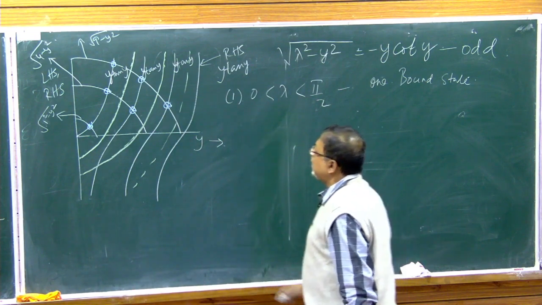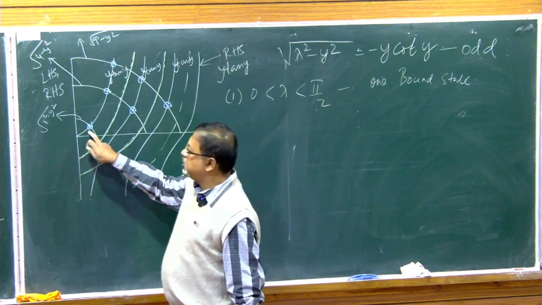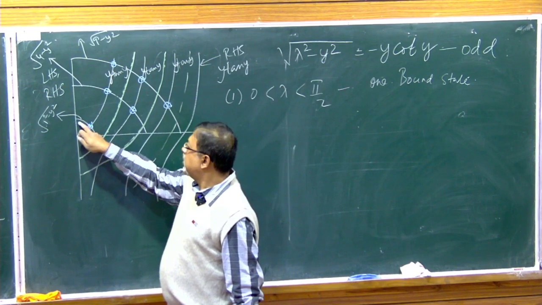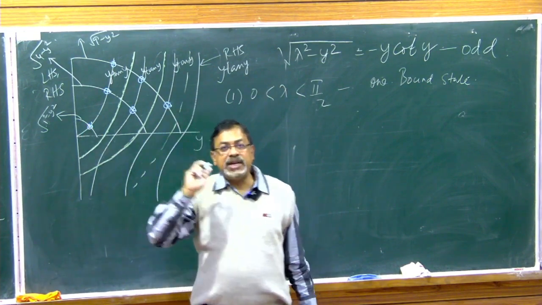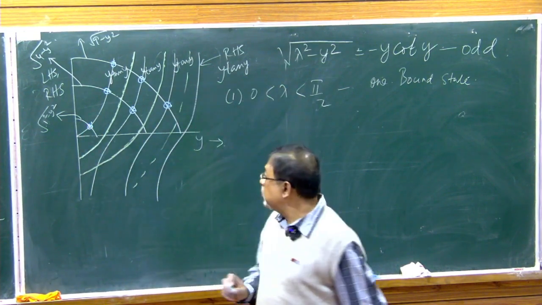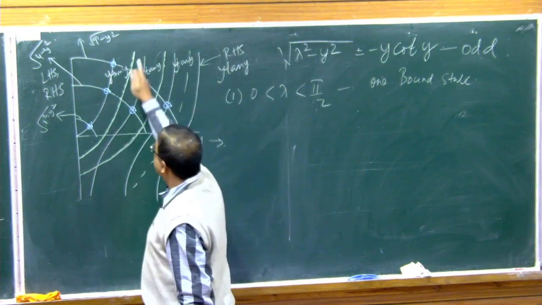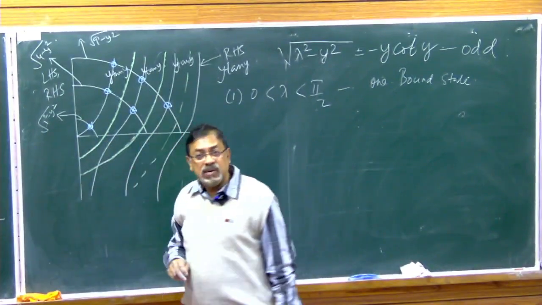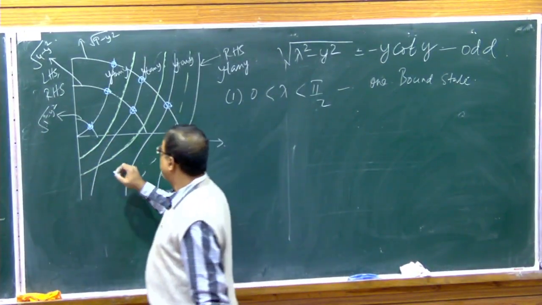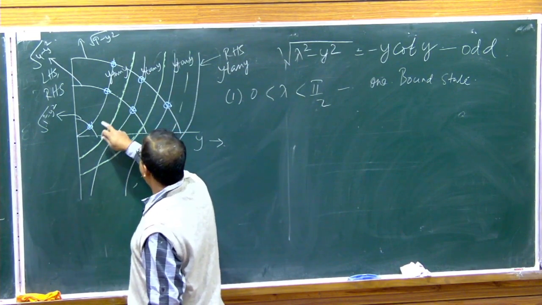You see, for the first energy, that is this one, there is no odd bound state, because this green line doesn't cut the circle. So there is no odd bound state, but there is an even bound state.